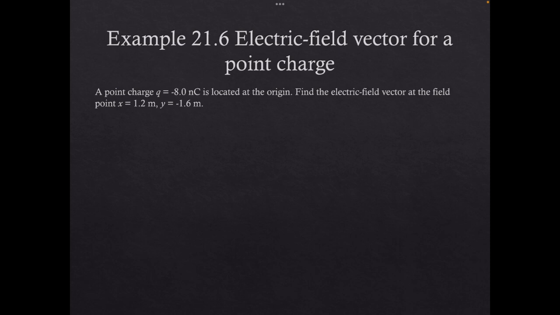So we need the magnitude and the direction of the electric field created by a point charge of -8 nanocoulombs that's located at the origin. We want to know the electric field vector at x equals 1.2 and y equals -1.6. So that's the fourth quadrant.